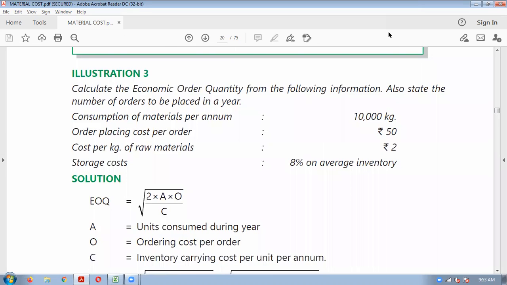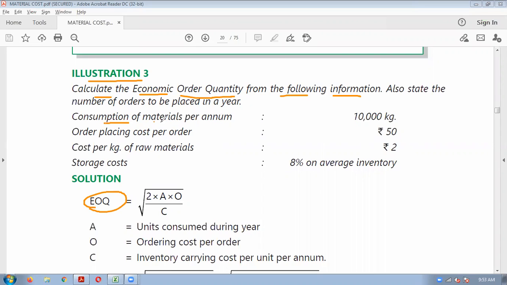One basic sum we'll take for first understanding. Illustration number 3, you read. It is a basic sum only. Calculate the economic order quantity from the following information. See, everything is given. We have to calculate the EOQ by using this formula. What all detail is given?